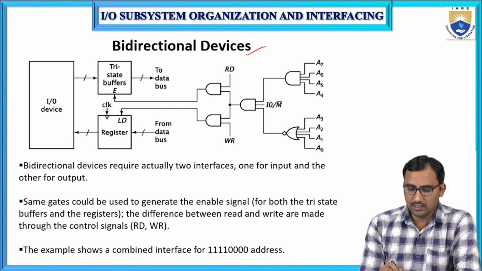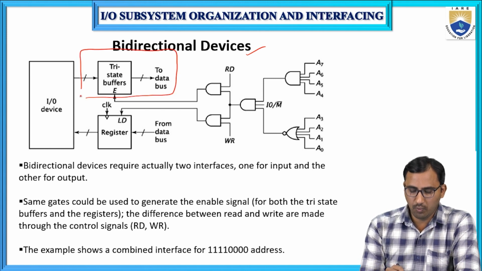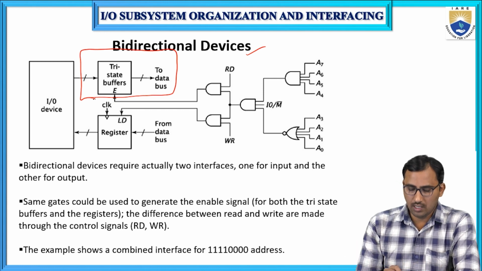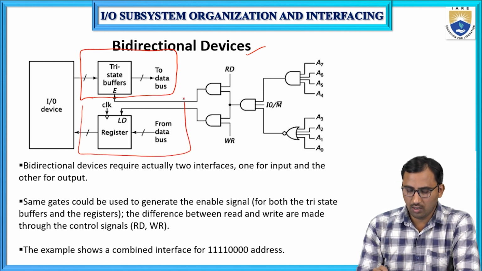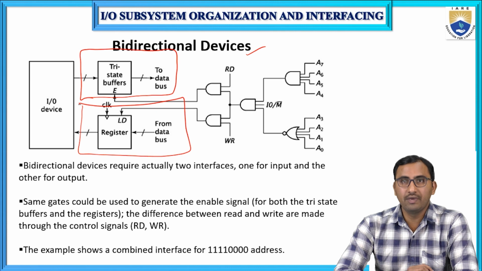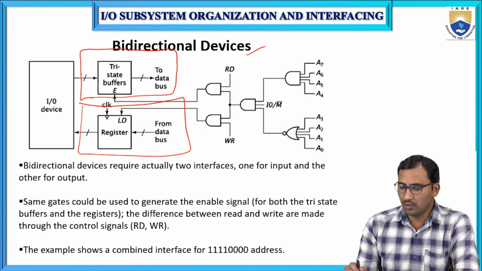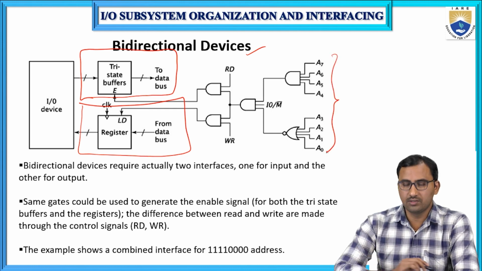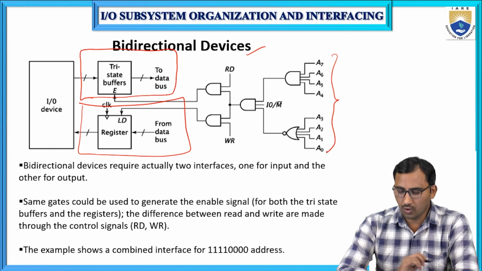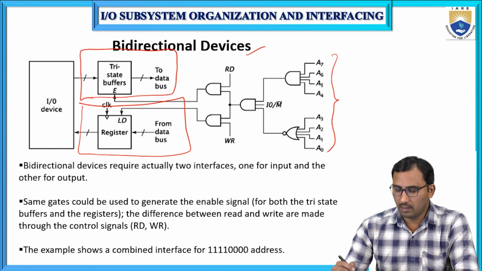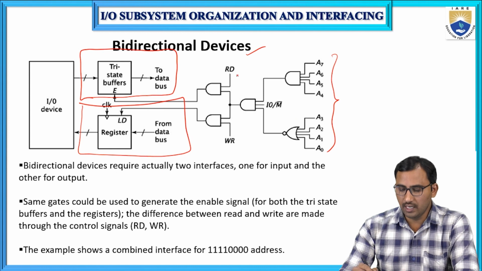This is the circuit for the input peripheral, and this is the circuit for the output peripheral. We are combining both circuits in order to design the input-output peripherals, and we are using the same logic circuit.